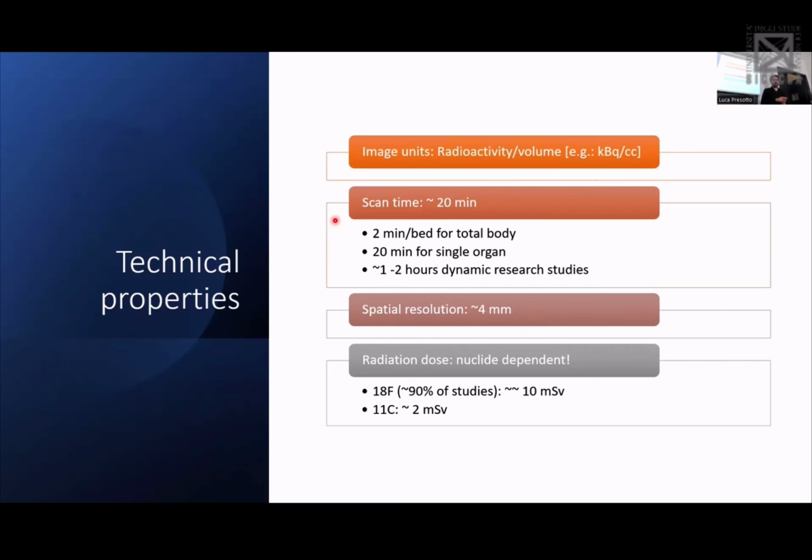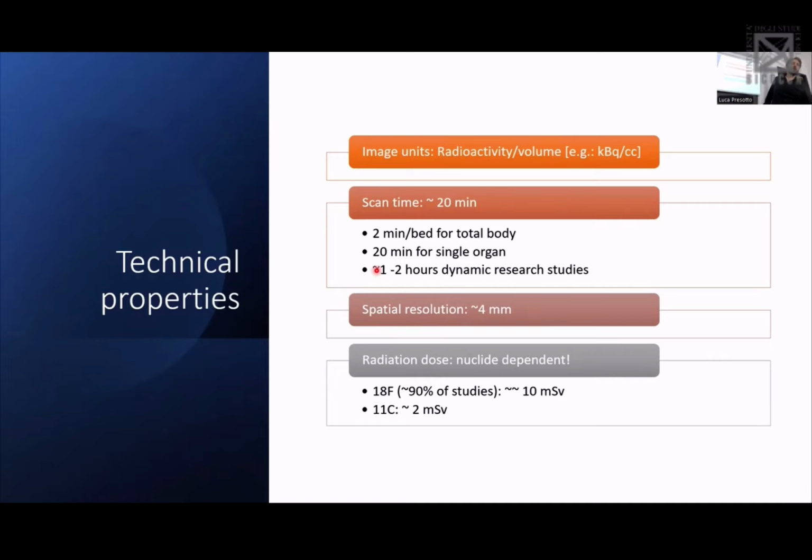Either inject more, but there are some radiation safety concerns, and we are getting very close to the maximum dose, by the way, or you increase the counting time. You have no other options, because when you inject a tracer, it will continue to emit radiation until it decays, whether you're acquiring or not.